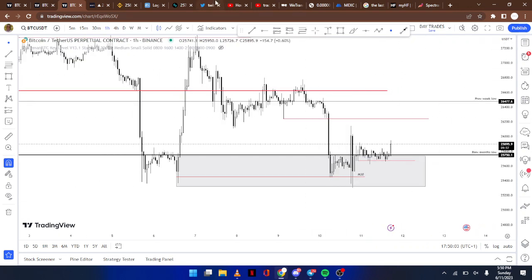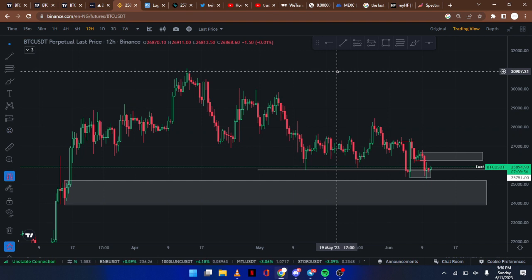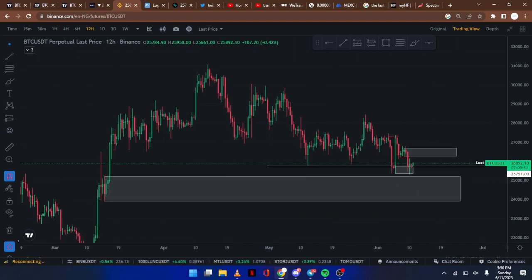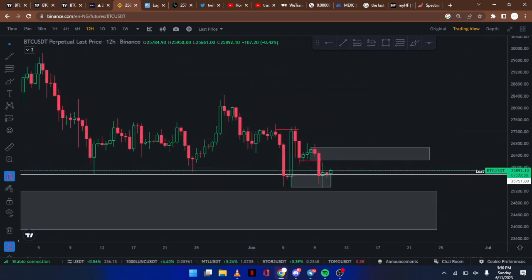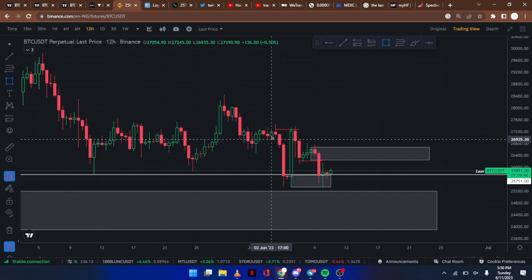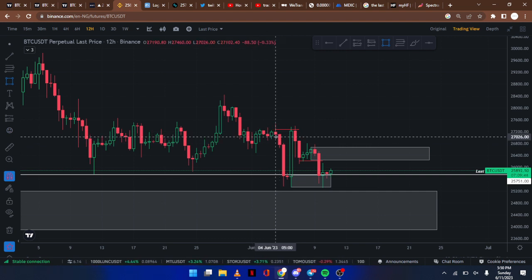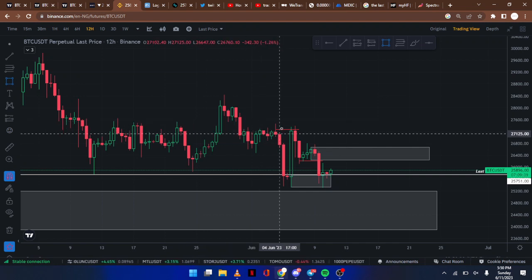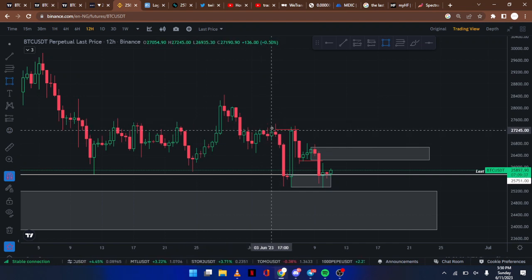You can also use a bigger time frame. Let's go to the 12 hour. You can also use a bigger time frame, like the way I did it here. Yeah, this is 12 hour. Sorry about that. There's one part I used. Let me try and figure it out.